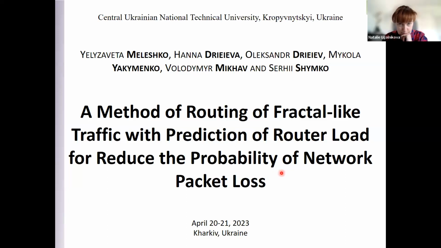Good afternoon. Thank you. Dear colleagues, I'm glad to present to you our research, a method of routing of fractal-like traffic with prediction of router load to reduce the probability of network packet loss, by Elizaveta Meleshko, Hanna Dreeva, Alexander Dreev, Mykola Kimko, Volodymyr Mikhov, and Cherednichenko.